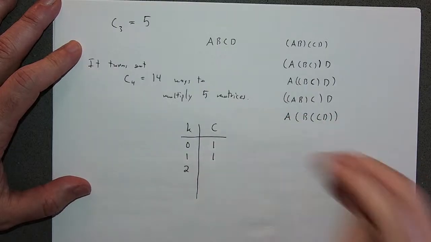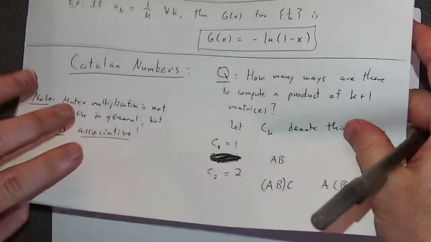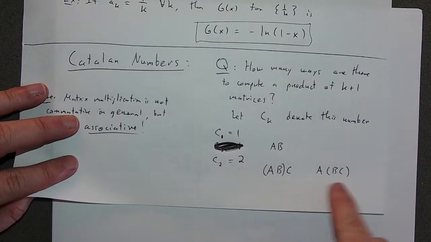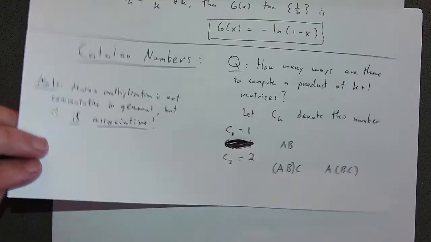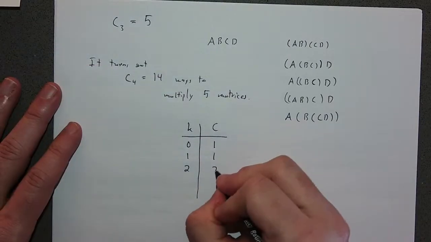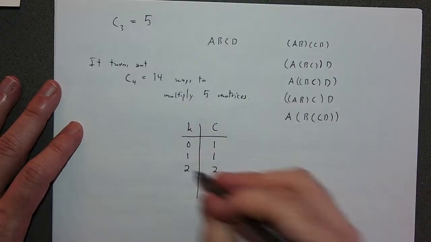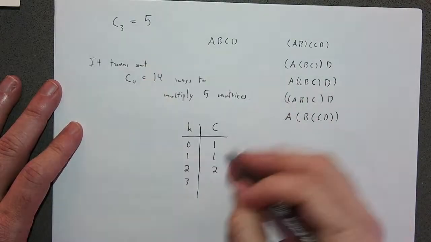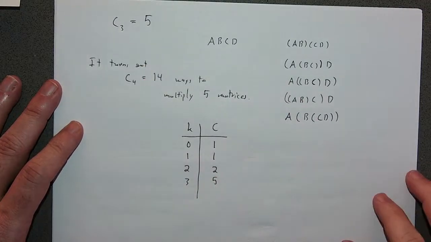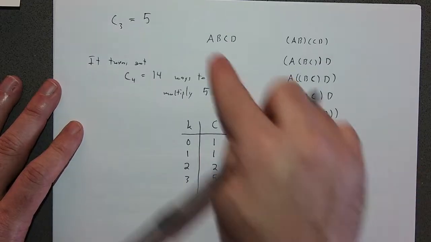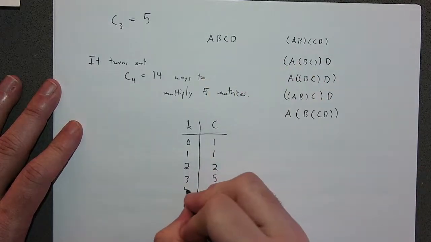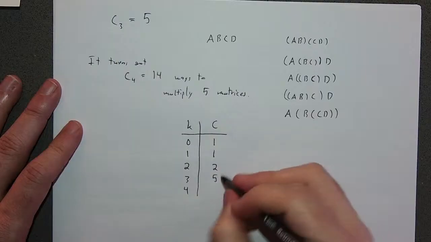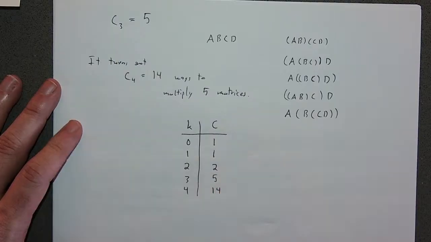When k is 2, there were 2 ways to multiply a product of 3 matrices, so this was 2. When k is 3, there are 5 ways to multiply 4 matrices. When k is 4, there are 14 ways to multiply 5 matrices in this way.